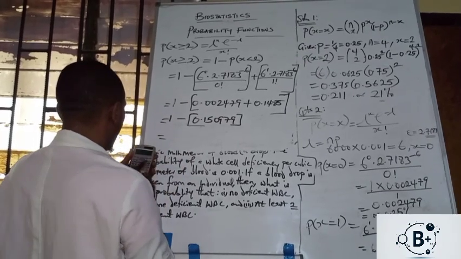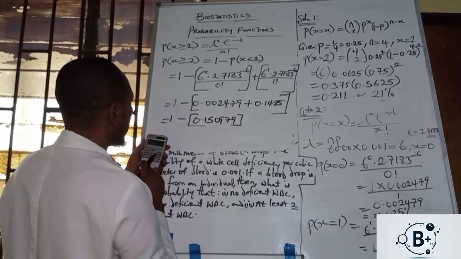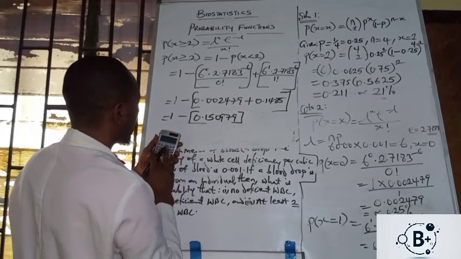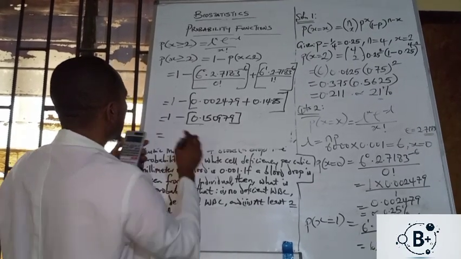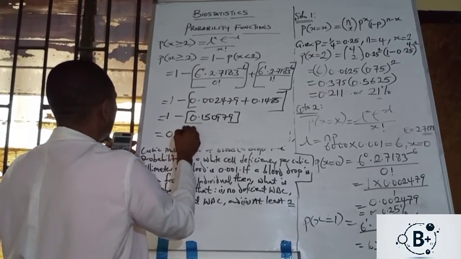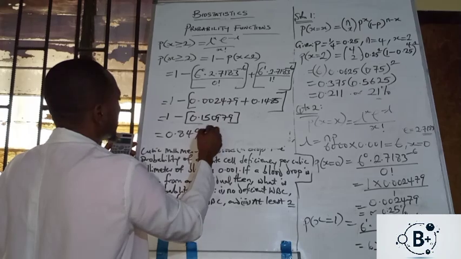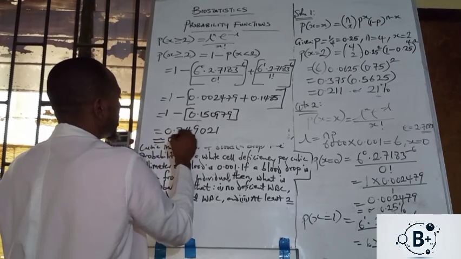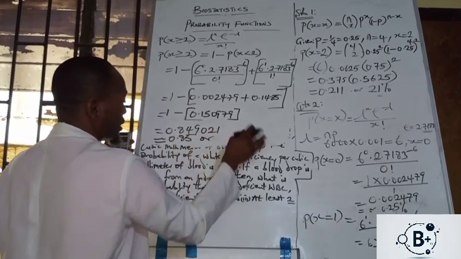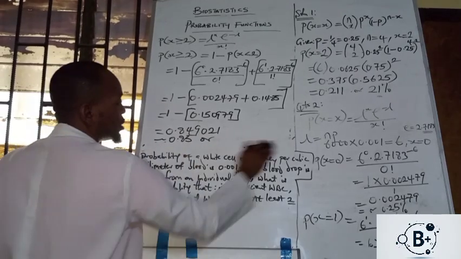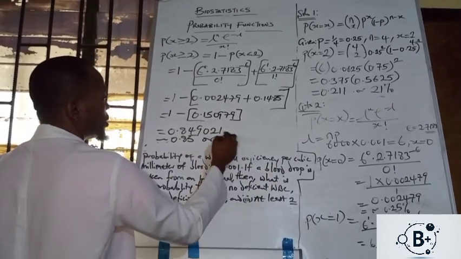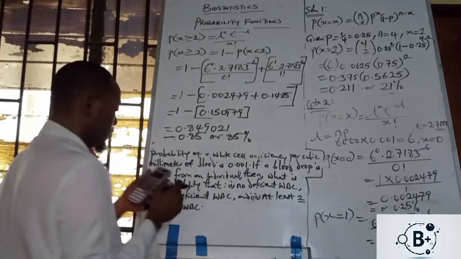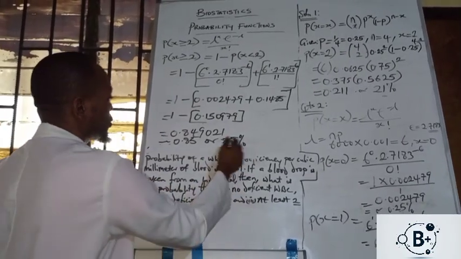That would be 1 minus 0.150979. This gives us 0.849021. So approximately 0.85, or you can give it as a percentage in your answers. If you multiply it by 100, this becomes 85%.